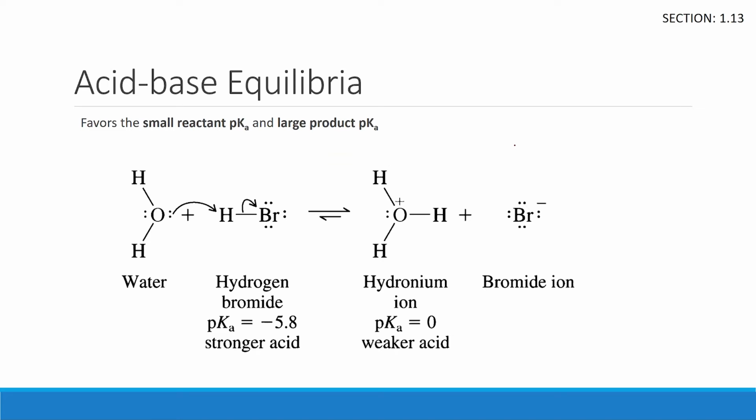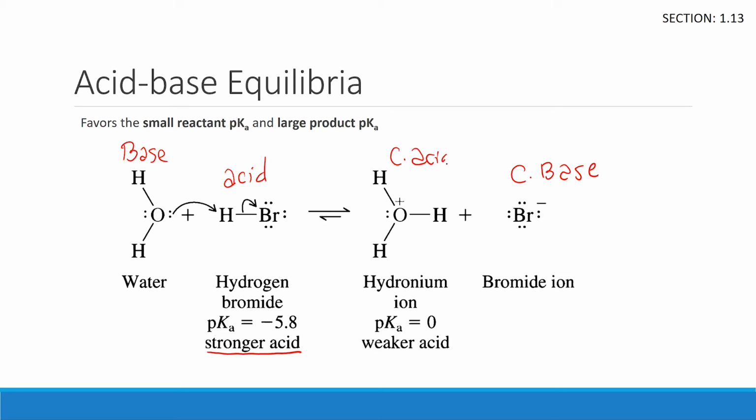Here is water reacting with hydrogen bromide to form hydronium ion and bromide. And I've actually shown you the pKa's here. The pKa, remember pKa is different in terms of Ka. pKa for hydrogen bromide is negative 5.8. That means it is strong. This is the acid. Remember, the acid forms the conjugate base, and the base forms the conjugate acid.